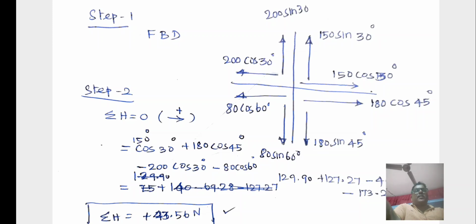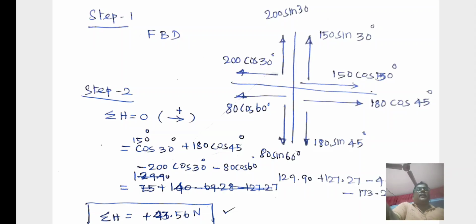The first force, 150 cos 30, acts in the positive horizontal direction. Then 180 cos 45 also acts along the positive x-axis, so plus. Then 200 cos 30 acts in the opposite direction, so minus 200 cos 30.